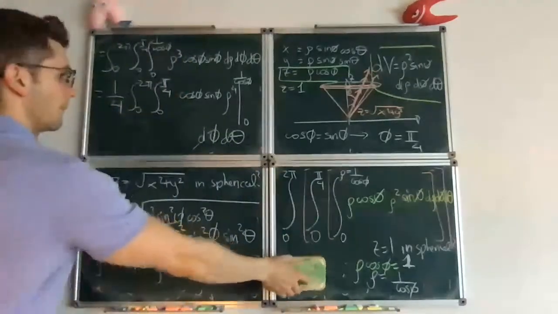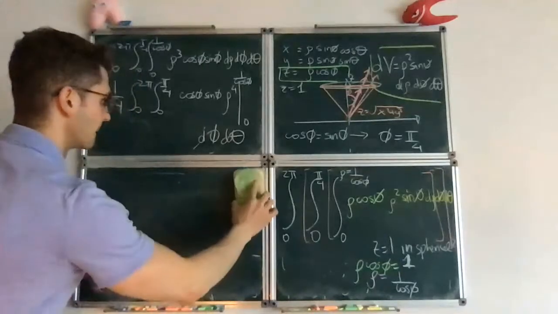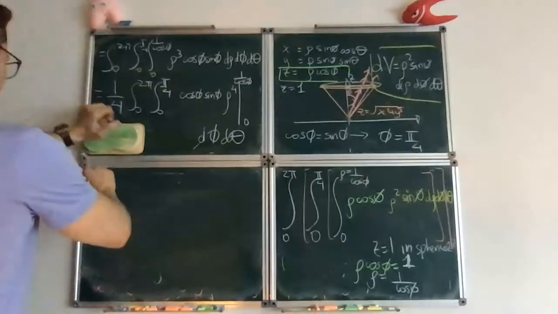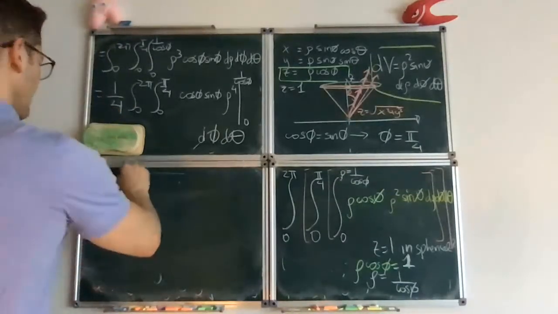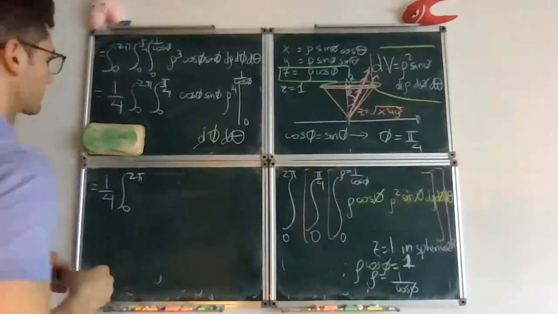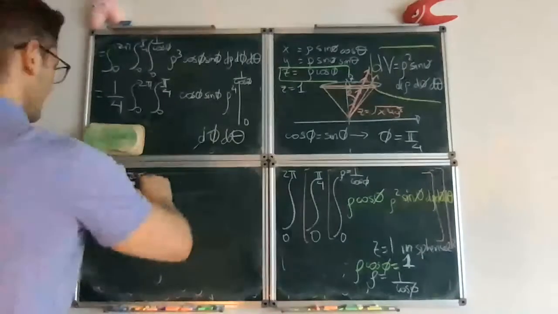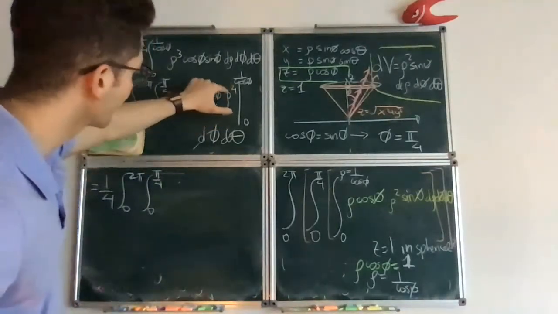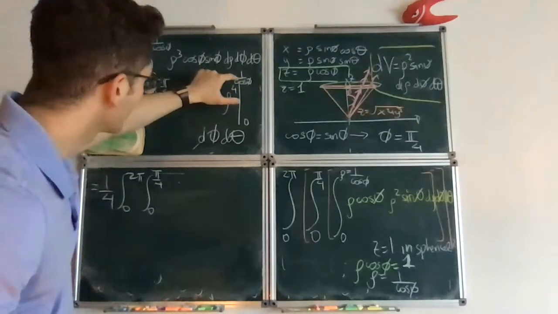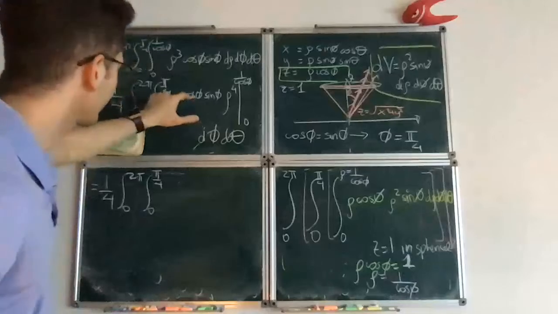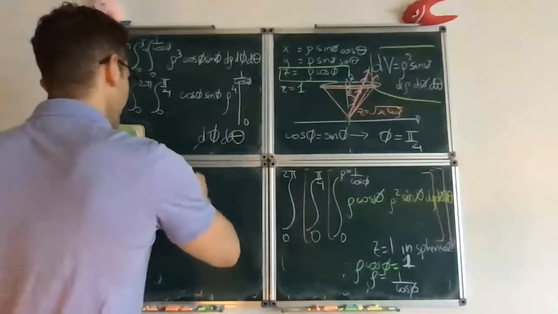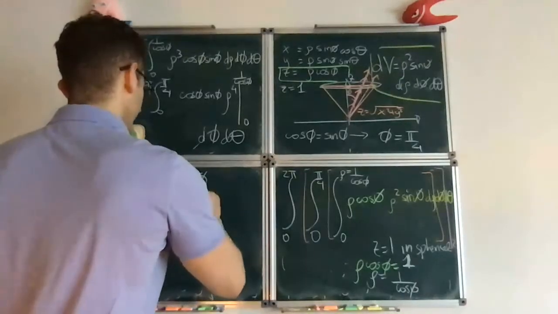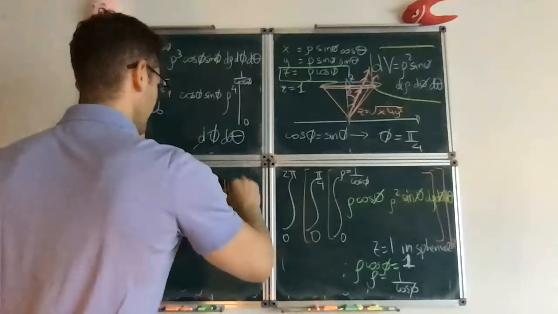And so this gives you 1/4 times the integral from 0 to 2 pi, the integral from 0 to pi over 4. When you do rho to the 4th power, you get 1 over cosine to the 4 of phi, but there's a cosine upstairs in the numerator, so you get sine of phi over cosine cubed of phi d phi d theta.